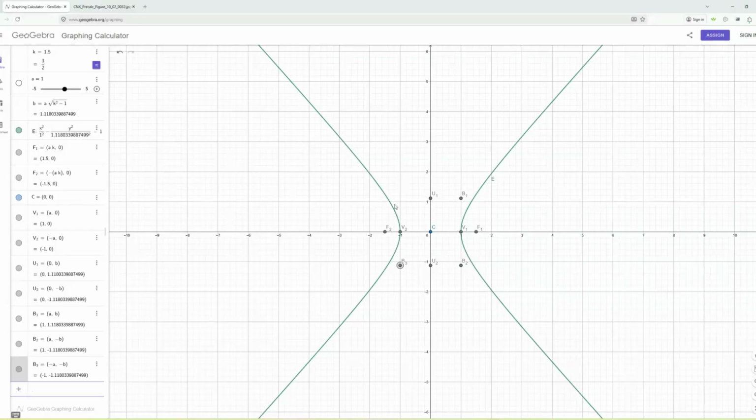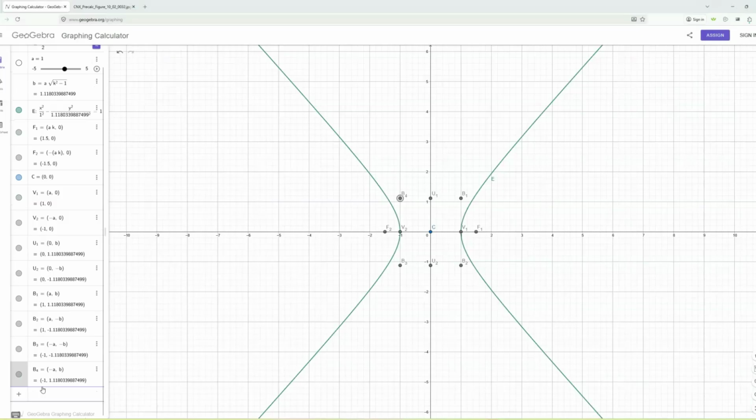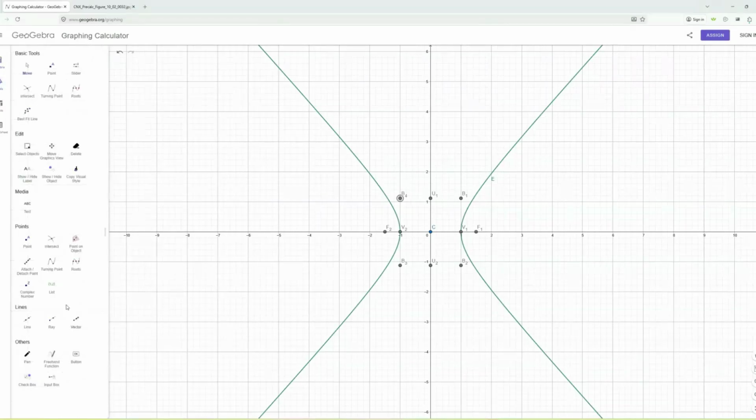And finally, we'll look at the point of intersection of the horizontal line through the co-vertex U1 and the vertical line through the vertex V2. And that point of intersection will have the coordinates (negative a, b). So we can now join these points to form a rectangle.